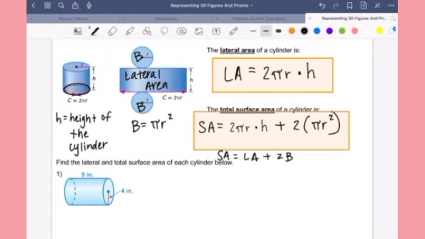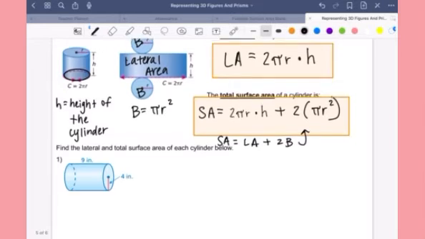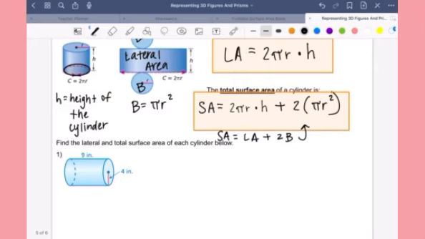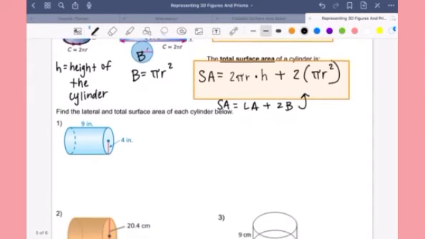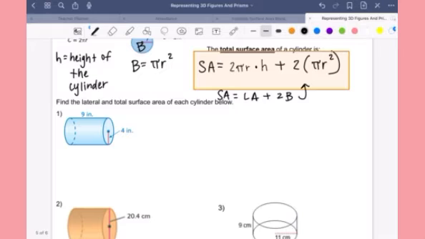That's the same thing as this, okay? So let's try one. It says, find the lateral and total surface area of each cylinder below. So I'm going to do the first one with you. So I like to label on my cylinder the height. And, of course, that's my radius. And that's basically the only two measurements we need.